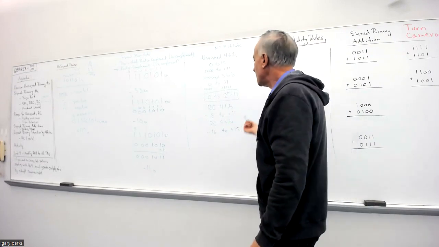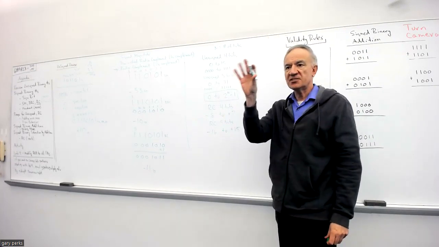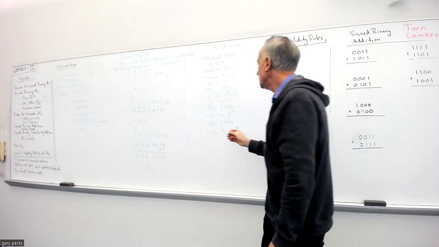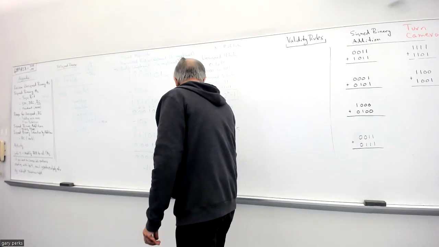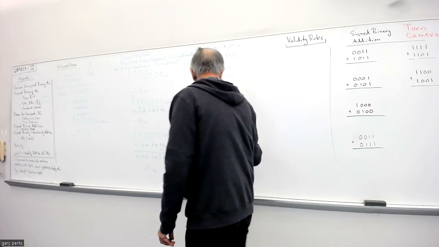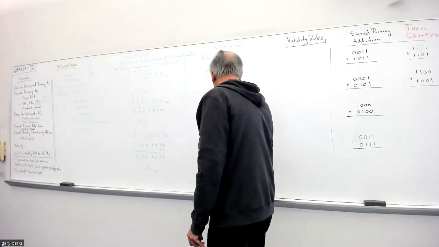So if I were to write a general expression based on the number of bits I have for the range of a 2's complement number, the most negative would be -2 to the n minus 1, and the most positive would be 2 to the n minus 1 minus 1.